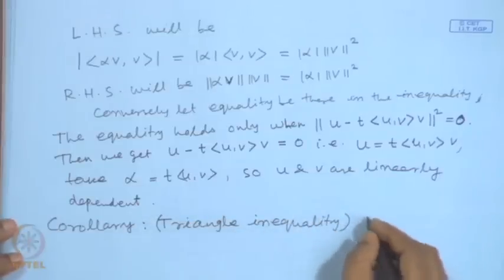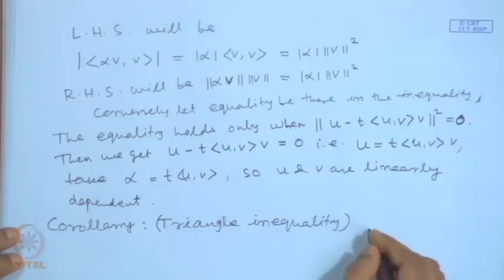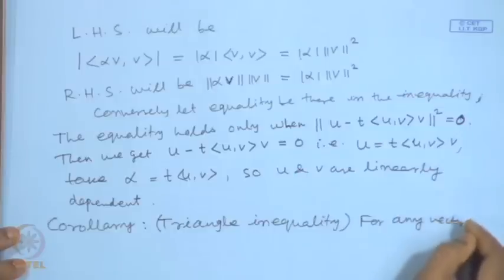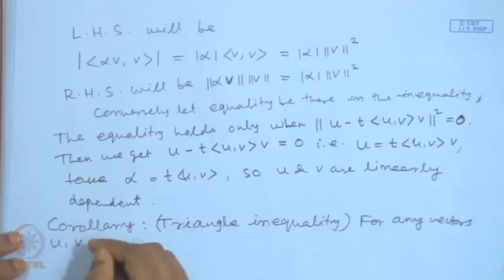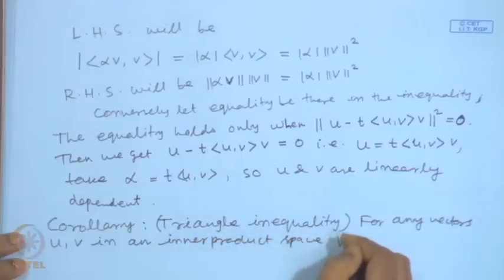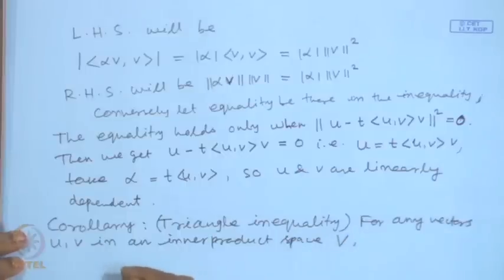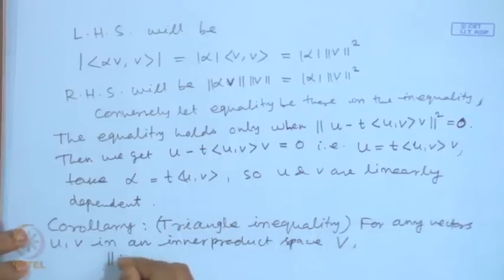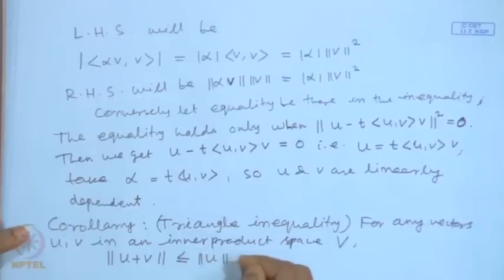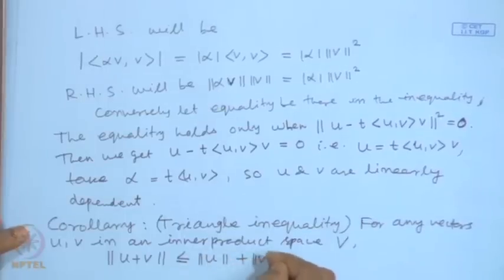It is like this: for any vectors u, v in an inner product space V, norm of u plus v is less than or equal to norm of u plus norm of v.